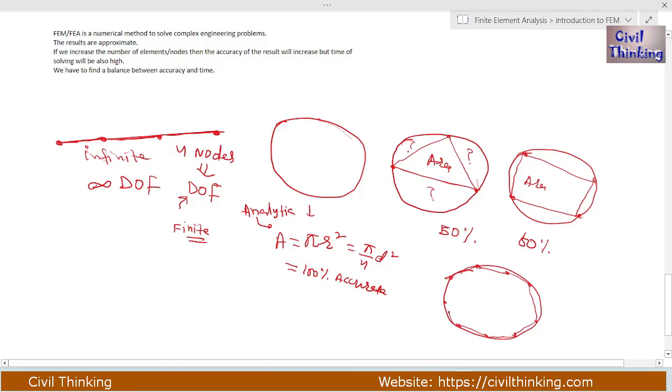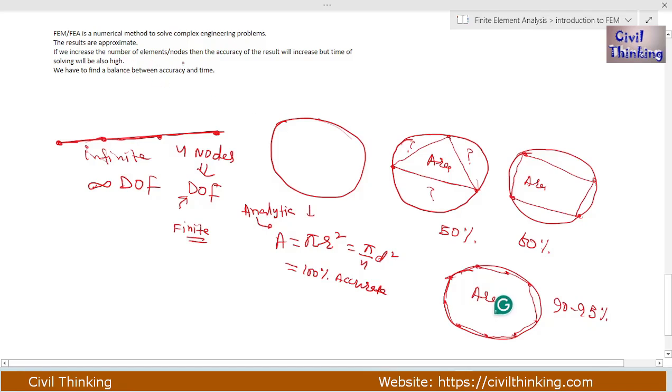Okay, now this is our area. Now this is almost 90% or 95% accurate. Although this is still not exact, it is very close to the actual value. So this is the point that I wanted to tell you.